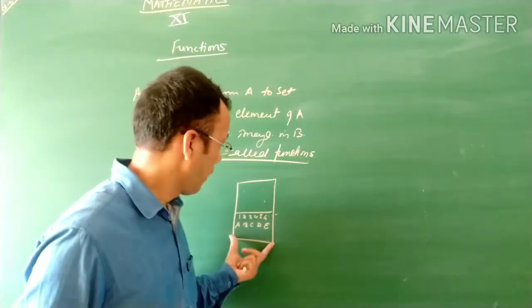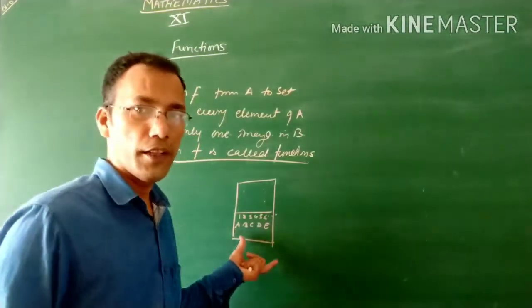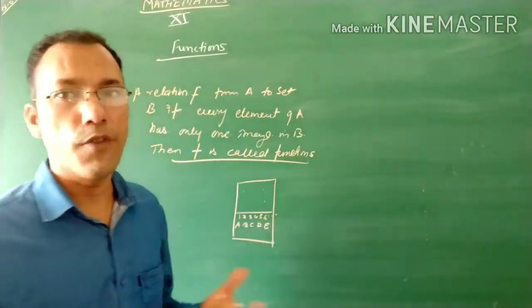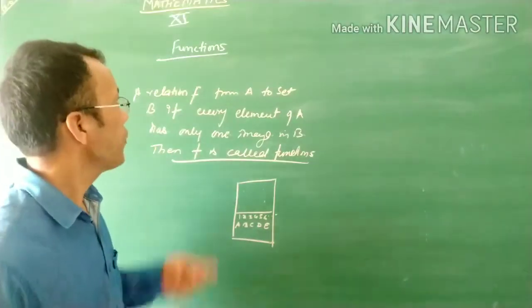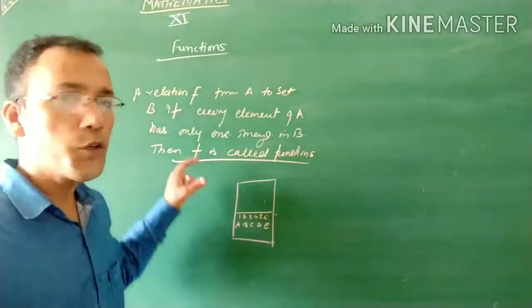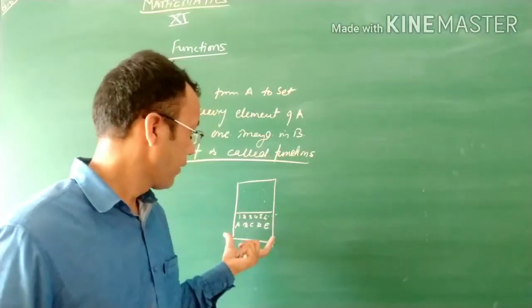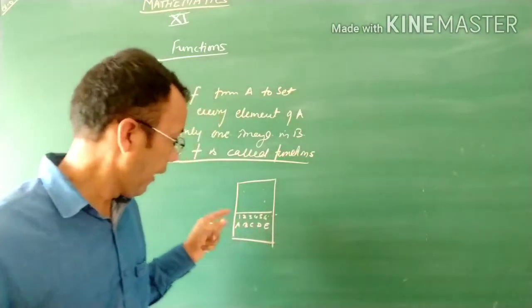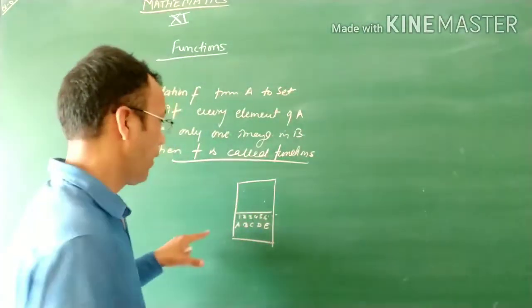In this mobile, first you ask your friend, or your friend asks you, what is the function of this mobile? So that function has to be similar to the mathematical function. That means here, if anyone presses 1, it shows 1.